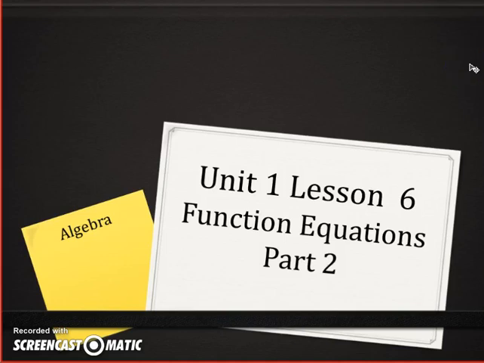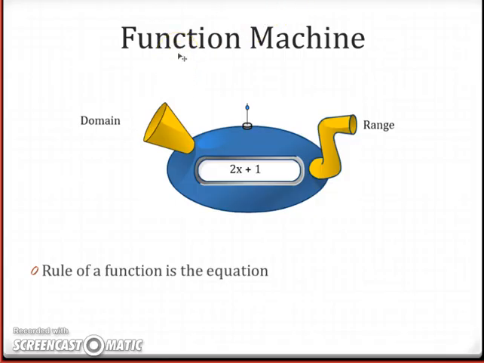Today's lesson is Unit 1, Lesson 6 on function equations, Part 2. As a reminder, a function is like a relation in that you have specific domain values matched with exactly one range value. You can think of a function as kind of being like a function machine, where the numbers that you put in to your function are the domain values.